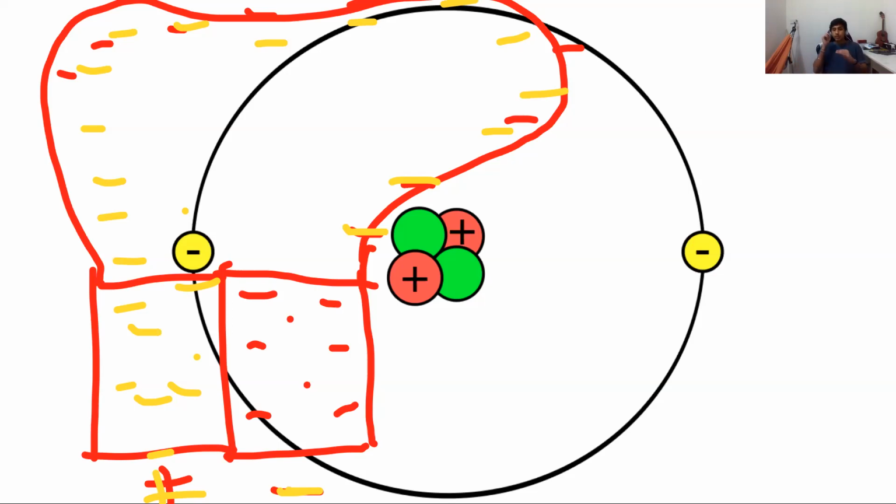For something that small to travel just from here to here can take hours. It can actually take a very, very long time. But when I press my switch, the bulb is going to turn on immediately, right? An electron microscope still cannot let you see electrons in the structure of an atom.